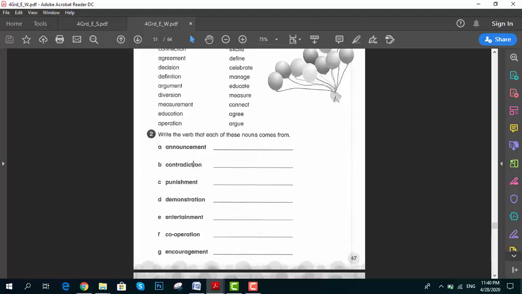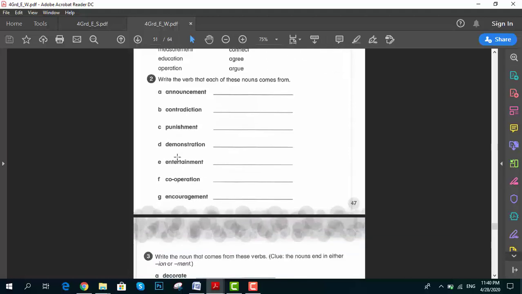Contradiction, we omit tion, so it becomes contradict. Punishment, we omit ment, it becomes punish. Demonstration becomes demonstrate. Entertainment becomes entertain, we omit the ment. Cooperation becomes cooperate. Encouragement becomes encourage.